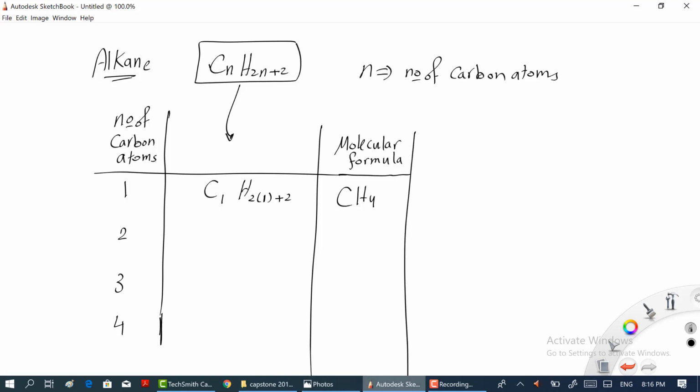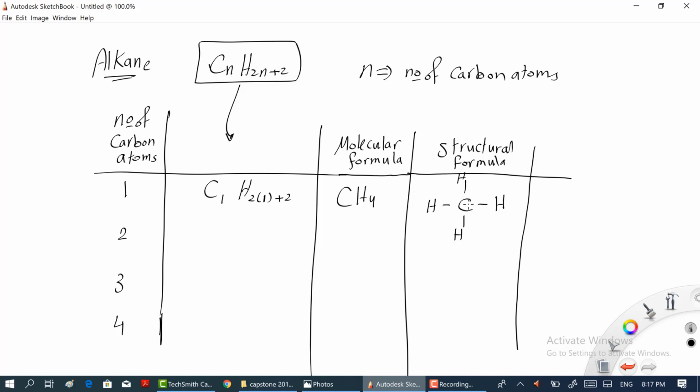According to the structural formula, it will be C surrounded by 4 bonds to hydrogen, H. How can I give it the name? When all the bonds are single, we add ane to the end. What is the number of carbon atoms? 1.